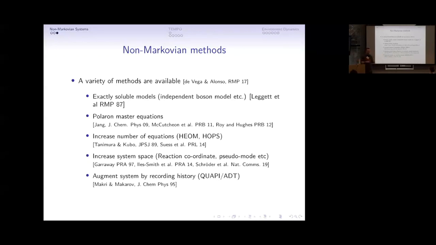So ideas like the QUAPI, which we heard about already this morning. So you keep track of the history of what the system did in the past and keep track of all of these paths which couple those things. And it's exactly these kind of ideas which we're going to talk about over the next few slides to build up to the TEMPO algorithm, which we're going to describe in this talk.